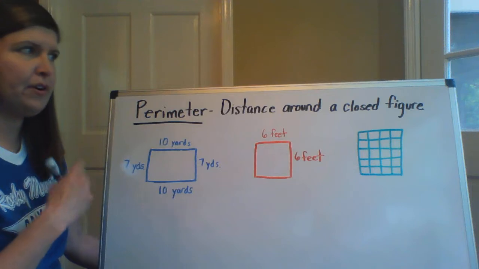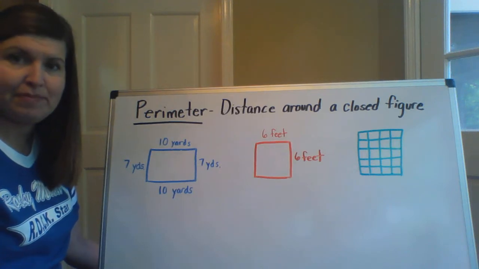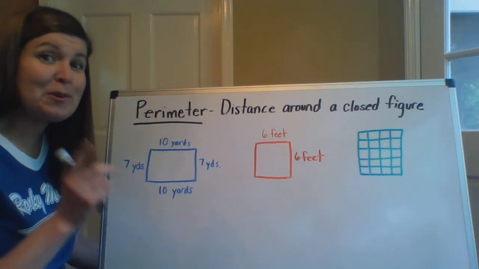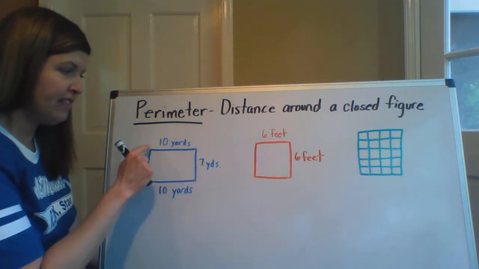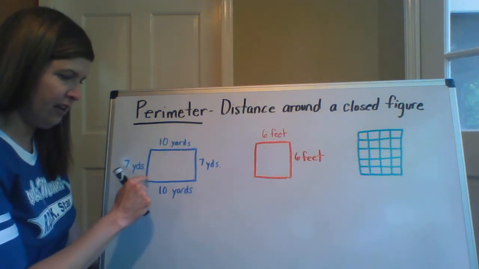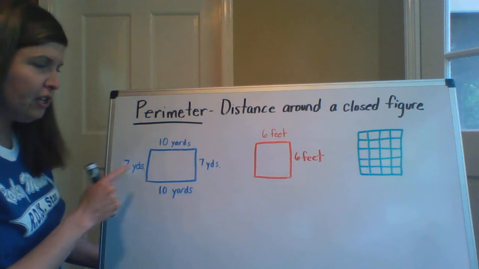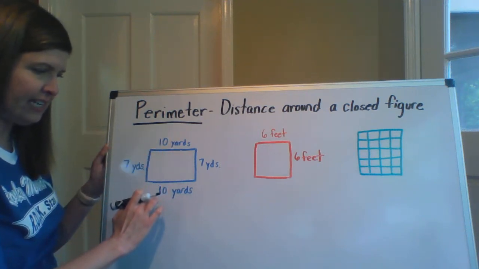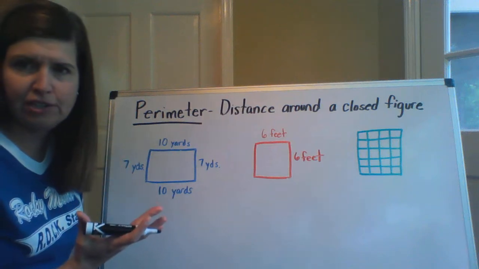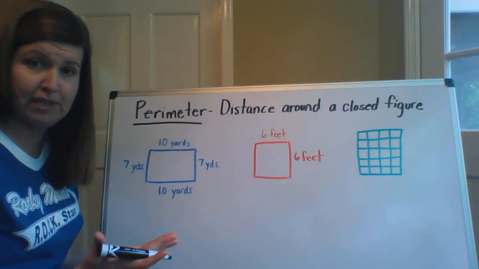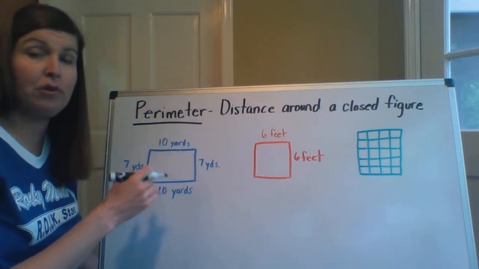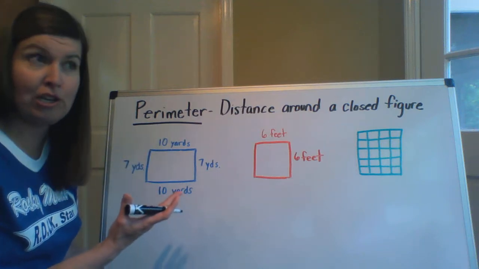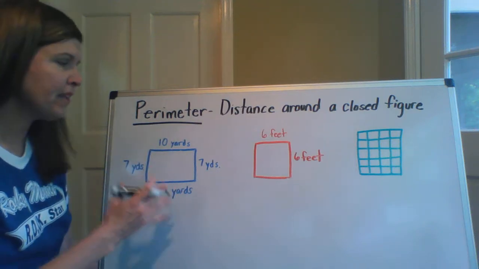So let's talk about perimeter and measuring around the distance. Perimeter is pretty easy. We are going to add up each side of the shape. So for here, we have 10 yards and 10 yards. Now these are not actually accurate measurements. These are just going to be models, and we're going to pretend that this is 10 yards or 10 yardsticks long.